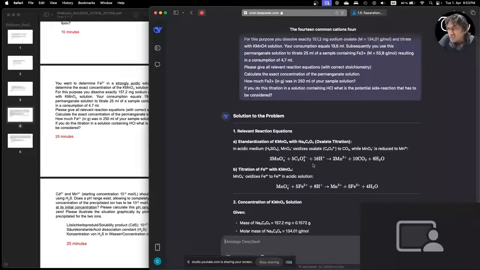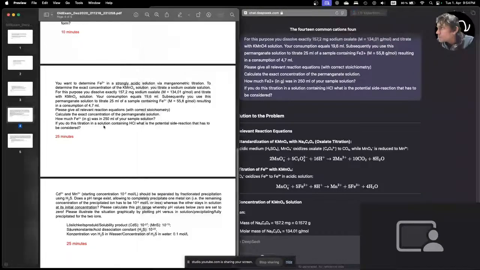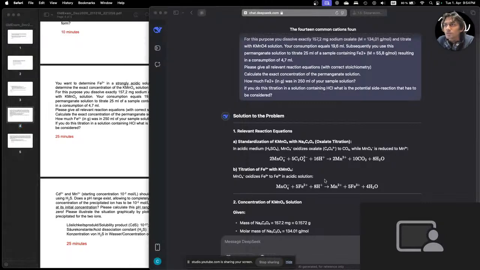In an acidic medium, where did it say it's an acidic medium? Oh yeah, it's a strongly acidic medium. So in an acidic medium with sulfuric acid, the permanganate ion oxidizes oxalate to CO2, while permanganate is reduced to manganese. Okay, so yeah, I need to know stuff like that.